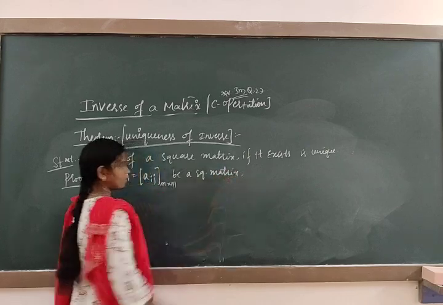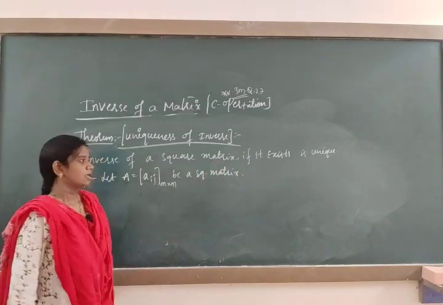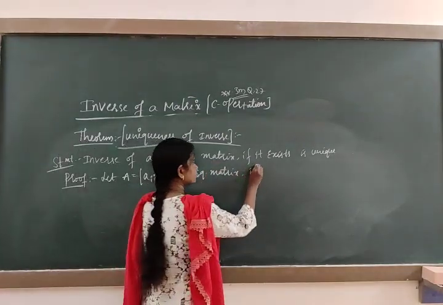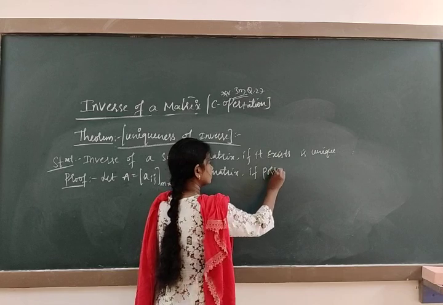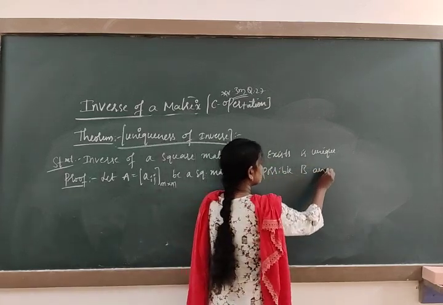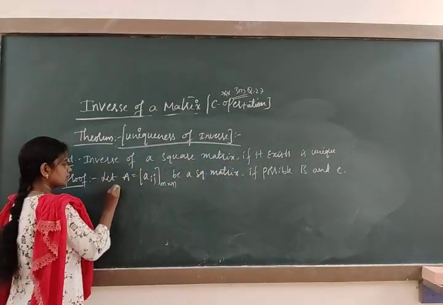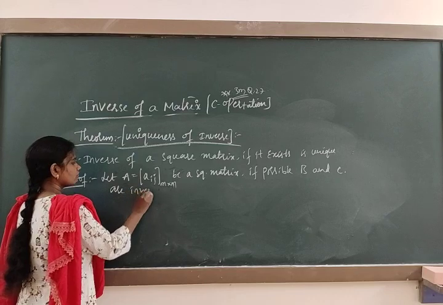If this is the matrix, let us imagine its inverses exist. If possible, B and C are inverses of A.